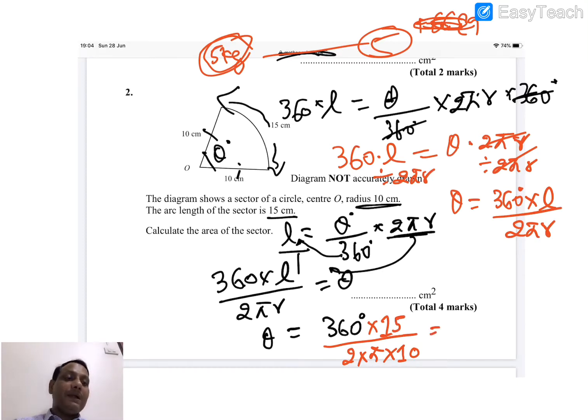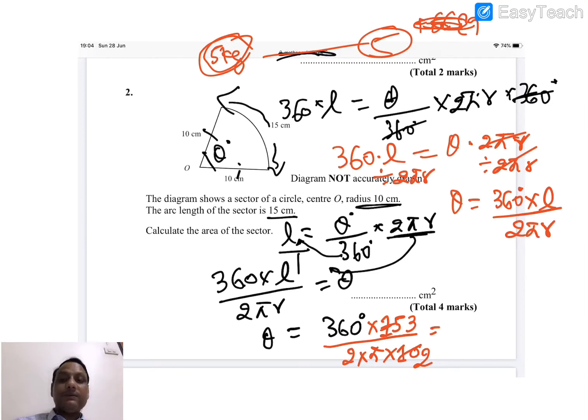Now we might have to use a calculator, or Indian kids like to simplify, and even IGCSE likes that. So here you can do that, or generally you can simplify many parts. If you don't like to simplify, you can just use the calculator. So 360 times 15, that has to be divided by a bracket, 2 times shift pi times 10.